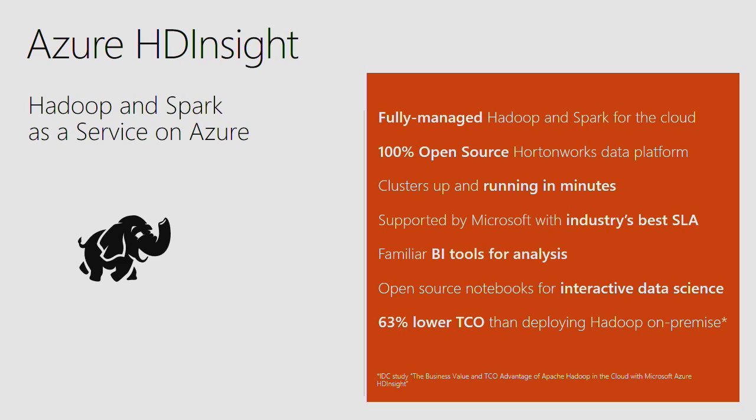We take care of deploying the bits for you, and you can just go ahead and use it. It's 100% open source, based on the Hortonworks Data Platform. So if you are using Hortonworks, or for that matter Cloudera or any other open source Hadoop, it'll just work on HDInsight. It's 100% open source. We even contribute back to open source.